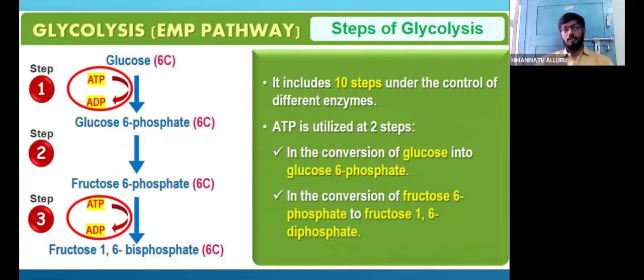Here on the PowerPoint also, the numbers are given, and you can make them write correctly, though it is not given in the book. Wherever ATP is utilized, they can write -1 and circle it. Wherever ATP is produced, they can write +1 and circle it.